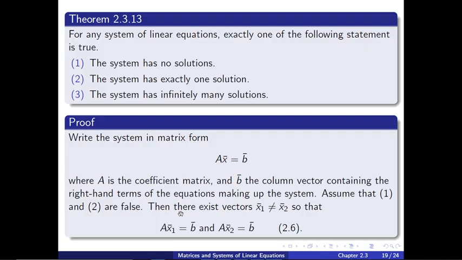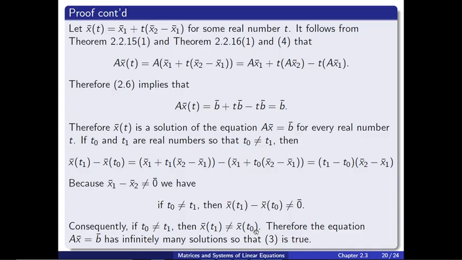Okay, so if it has more than one solution, it means it has at least two. So then there exist vectors x1 and x2, which are not equal, that are solutions to the system, and we are going to call that 2.6.